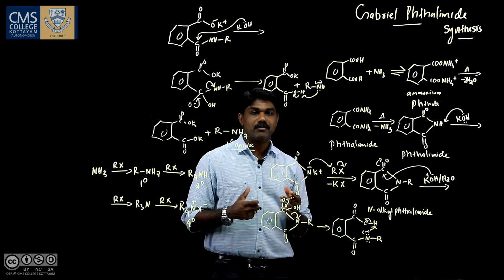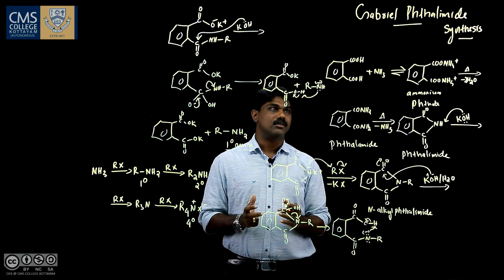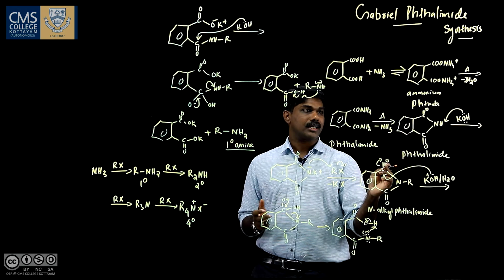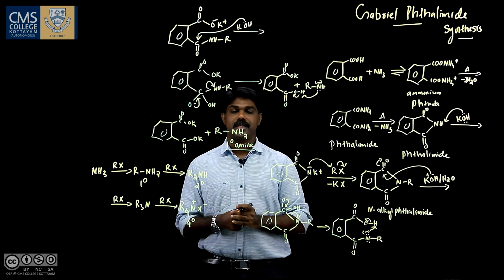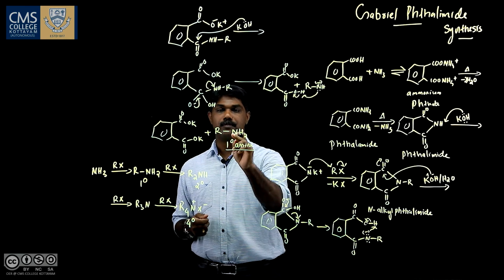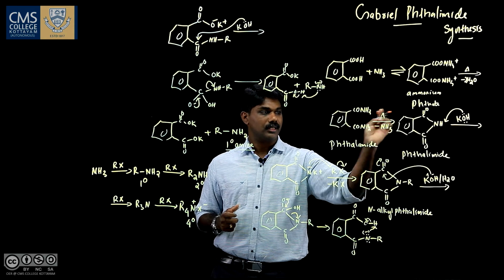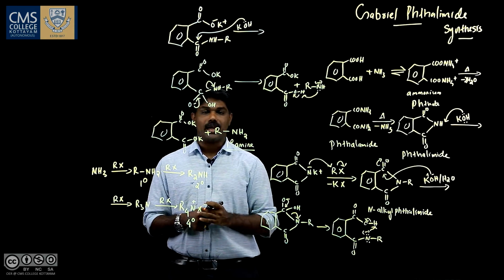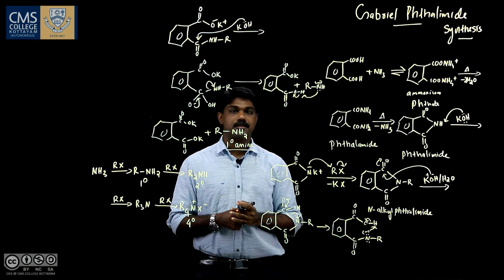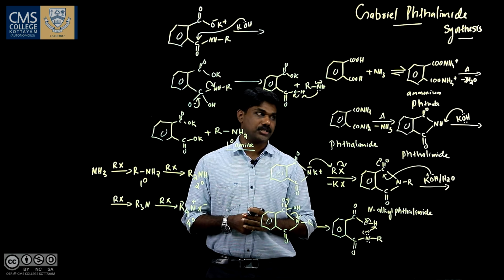So in Gabriel synthesis we are converting an alkyl halide RX into a primary amine by using the starting material phthalimide, and the reaction is catalyzed by bases like NaOH or KOH.